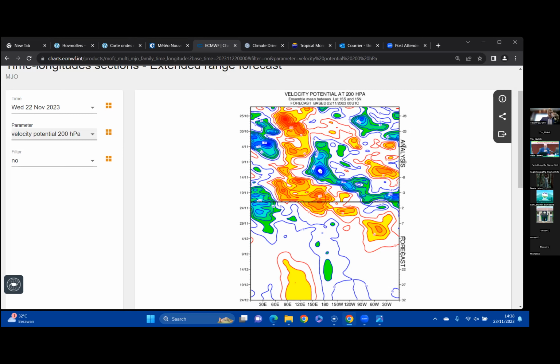For example, recently in the Western Pacific there was a very big anomaly of VP200, you see the colors, it's white.